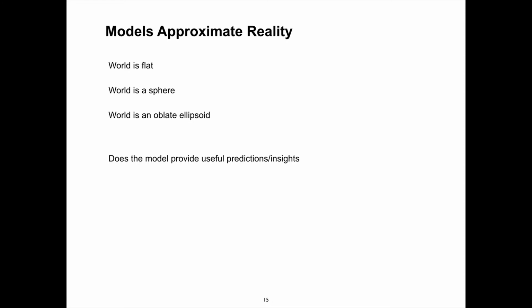Science is full of examples where we had models of how things work, and later on we discover they're wrong. And when is that useful? And how accurate is it?